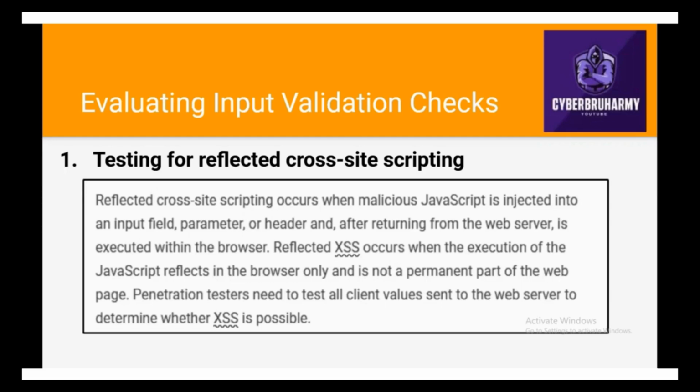This is not a permanent part of the web page, but a penetration tester needs to test all the client values sent to the web server to determine whether exploitation is possible or not. So we will check it in our lab and do the practical for reflected cross-site scripting.